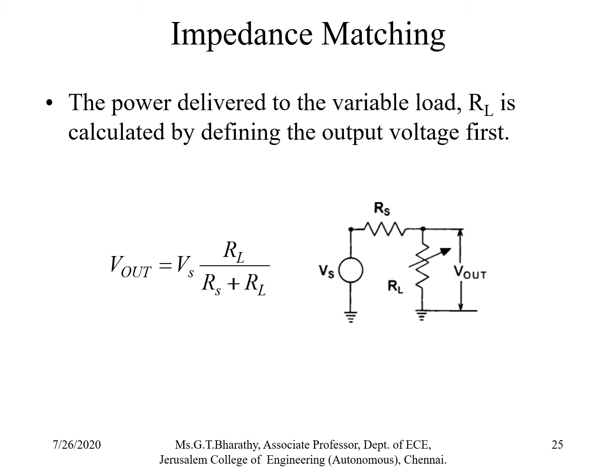The power delivered to the variable load RL is calculated by defining the output voltage. So the output voltage for this diagram is given by Vout is equal to Vs into RL by Rs plus RL.